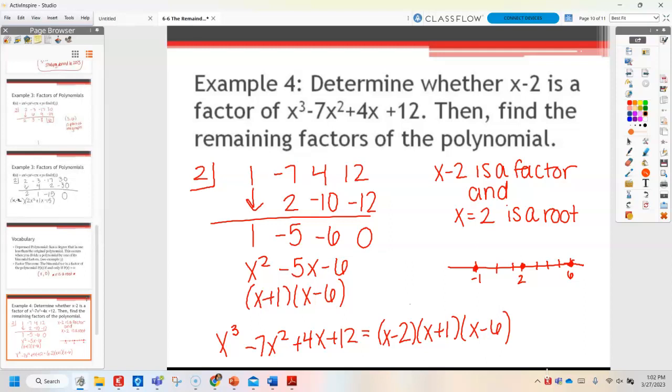So a lot of the questions are going to read, determine if something is a factor. So it is your job to set up synthetic division and see if it works.